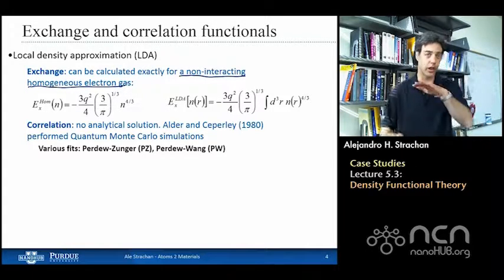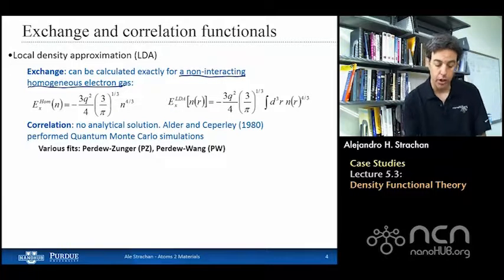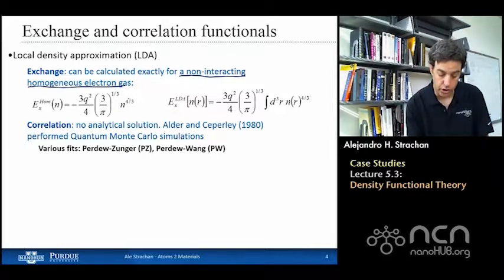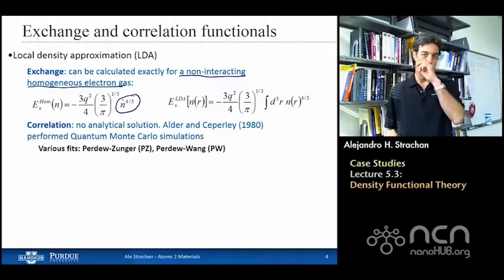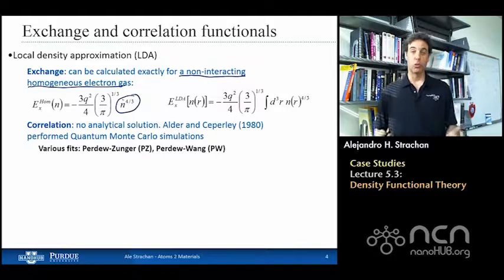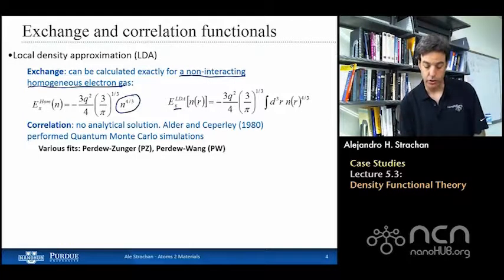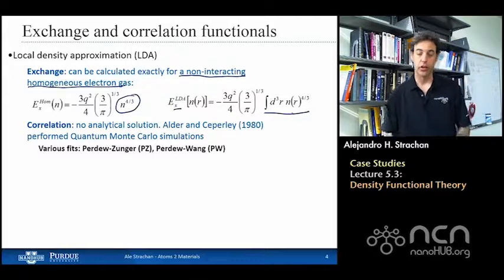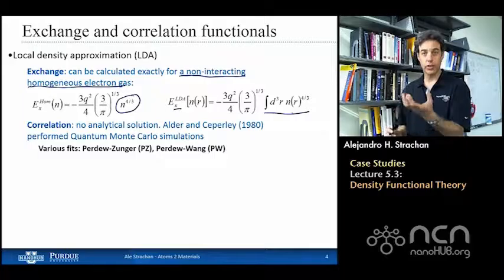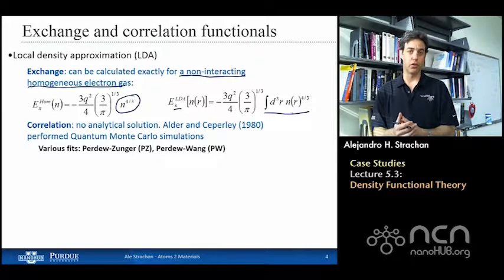You can find that, again, for a homogeneous system, the exchange energy goes as the density to the power 4/3, okay? So what we assume in LDA is that the exchange part of the exchange and correlation potential is an integral over all of space of the local density at that point to the power 4/3.